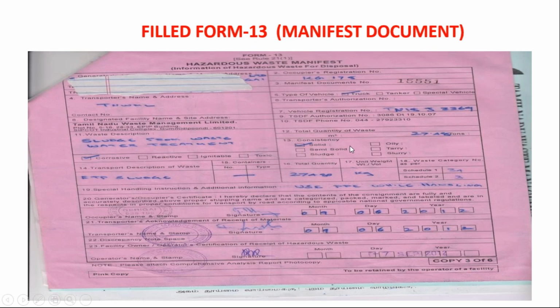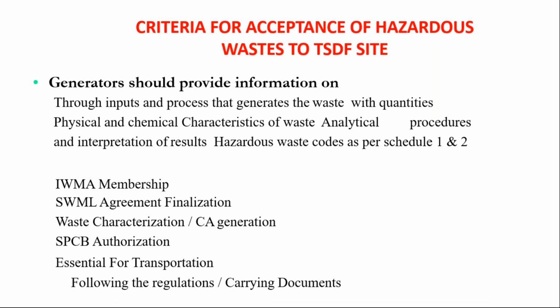This is the sample of the Form 13 manifest document. Then the criteria for acceptance of hazardous waste to that authorized site where this hazardous waste is going to be treated or disposed. So the generator should provide information on inputs, the process that generates the waste with quantities, physical and chemical characteristics of the waste, analytical procedures and interpretation of these results, hazardous waste codes as per Schedule 1 and 2.